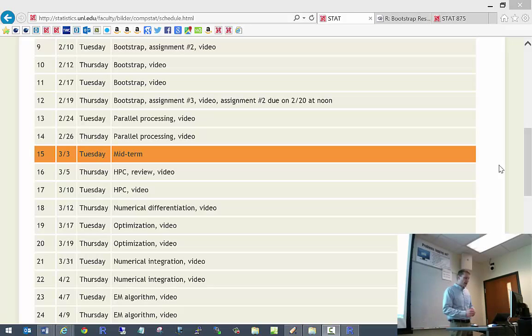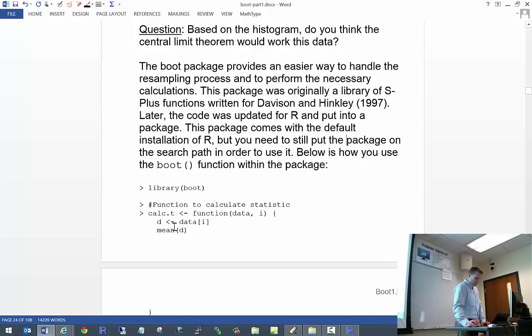Okay, we left off last time on page 24. So we were talking about this AC data, which basically represents 12 failure times of air conditioning equipment in an airplane. And what we're interested in doing with this data set is to estimate essentially the mean failure time for this air conditioning equipment.